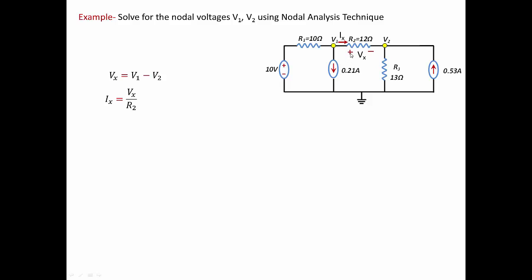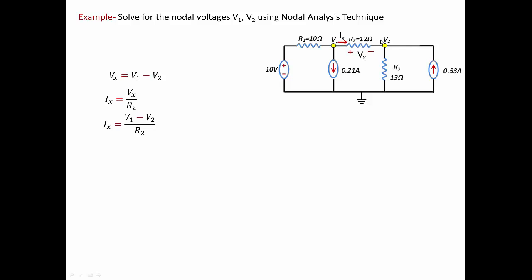But we already know that Vx is nothing but the voltage on the left minus the voltage on the right, so it's going to be V1 minus V2. So we can state that Ix will equal the voltage at the side where the current enters the resistor, that's V1, minus the voltage at the side where the current leaves the resistor, that's V2.